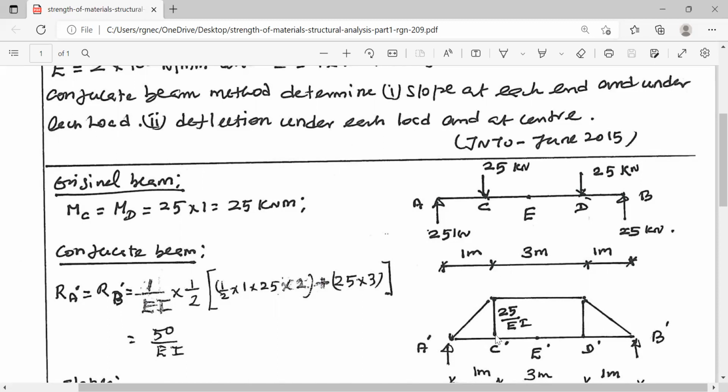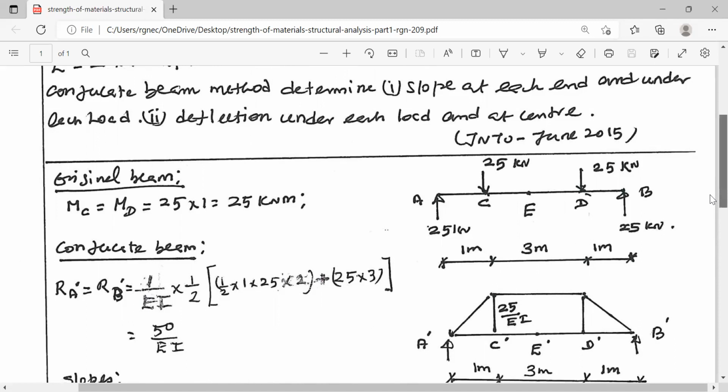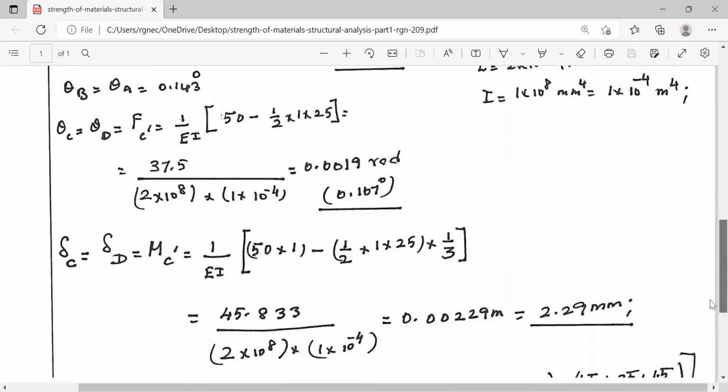Then you have the rectangular load, the magnitude of which is 25 into 1.5, and its lever arm is at a distance of 1.5/2 with respect to E dash. All three components have been written here for the calculation of the bending moment at E dash.